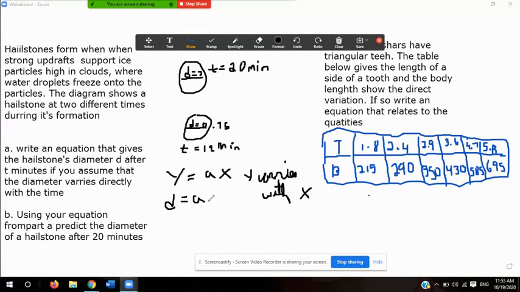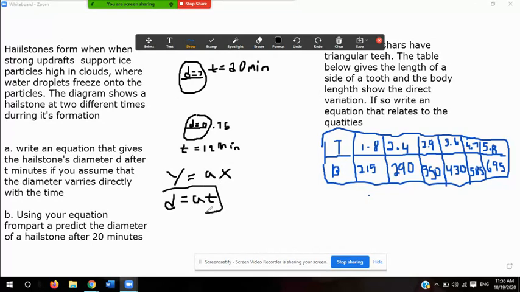And x in this case would be time, because the diameter varies directly with time. That's the first part of the problem, where they want us to write the equation. The way you would write it is d for diameter equals a times t.